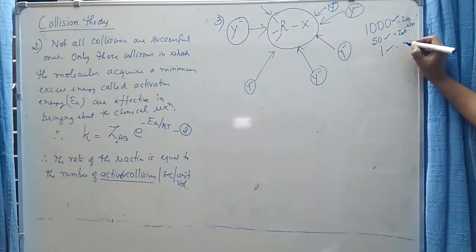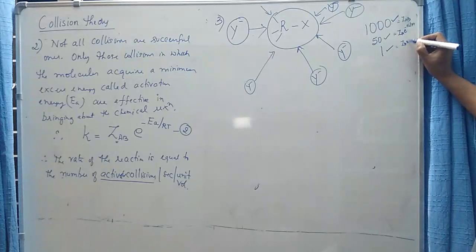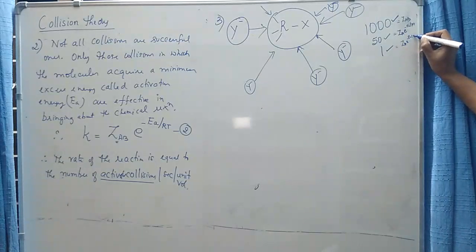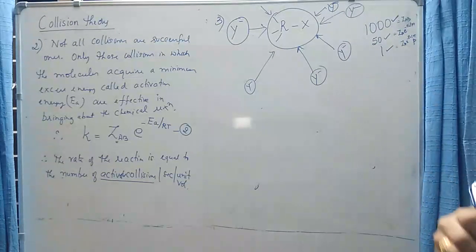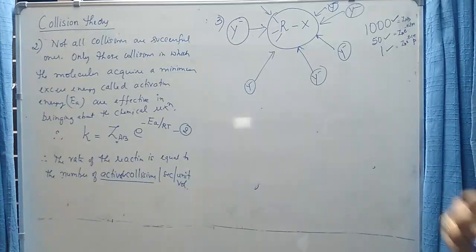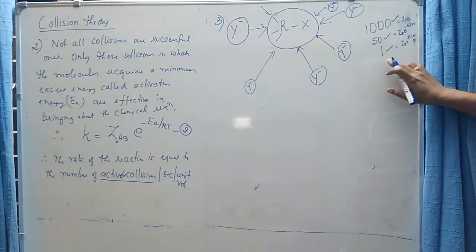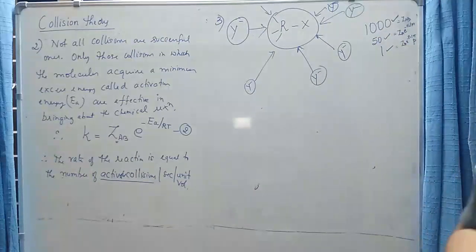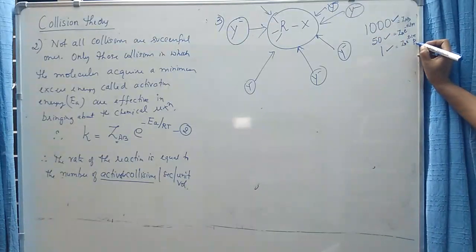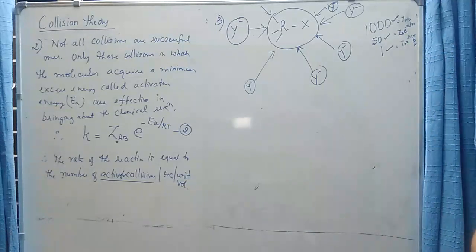Now here we have multiplied this activated collision by a factor represented by P, which is called the steric factor or probability factor, which has reduced this activated collision into only one effective collision. So generally this probability factor or steric factor is very small.